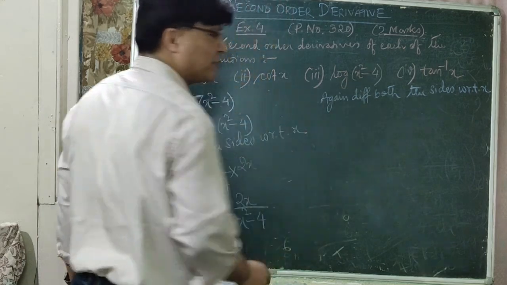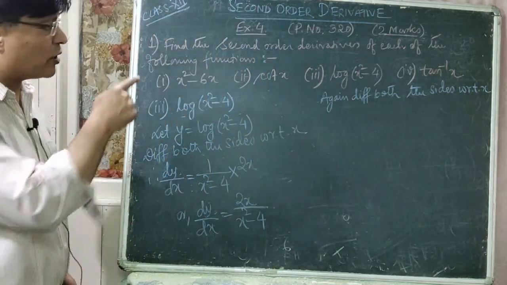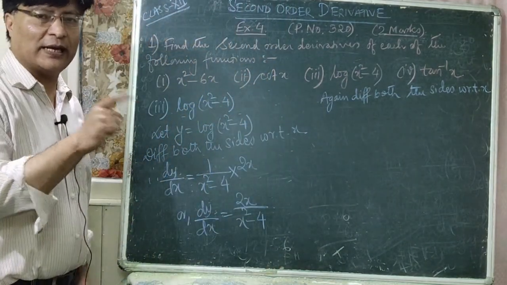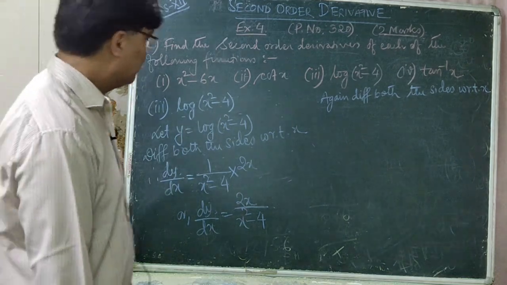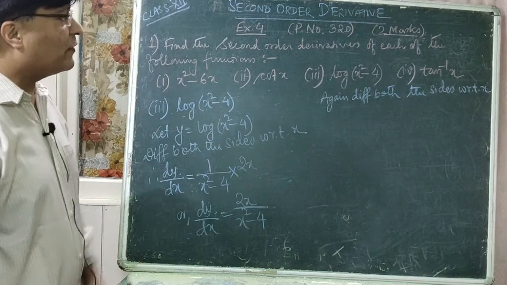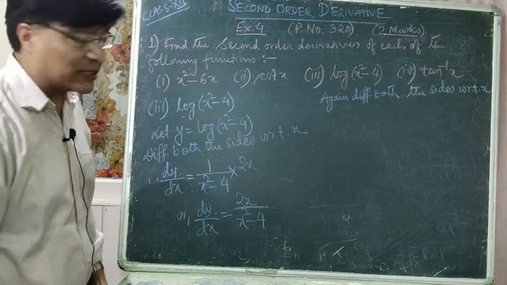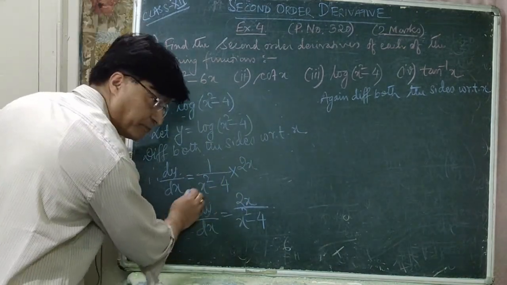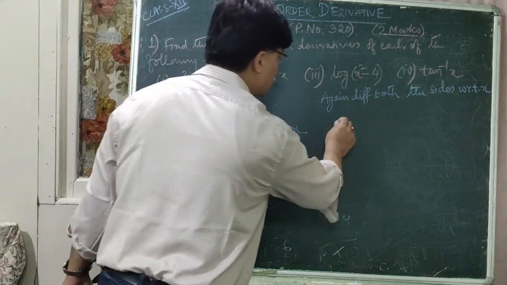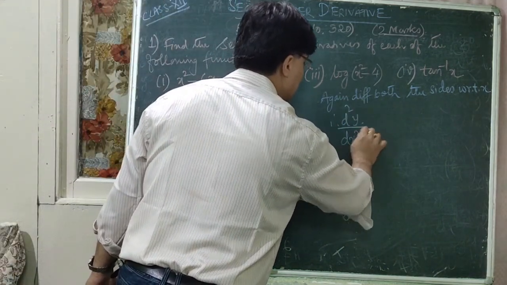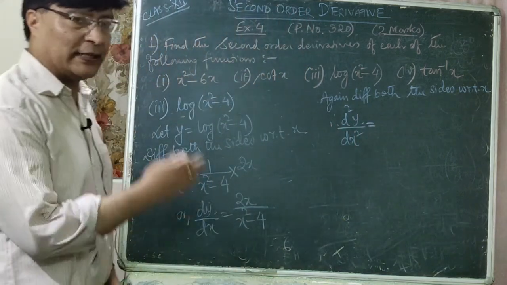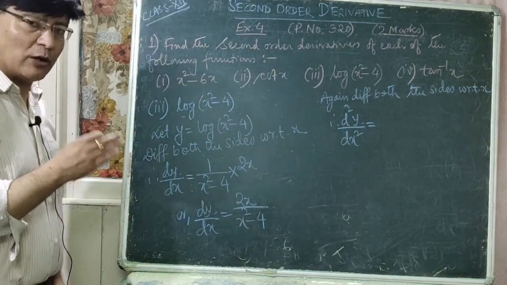Here you write diff, that is the shortcut, diff is actually differentiation. So again differentiating both the sides with respect to x, now differentiate dy by dx with respect to x, which is d square y by dx square.